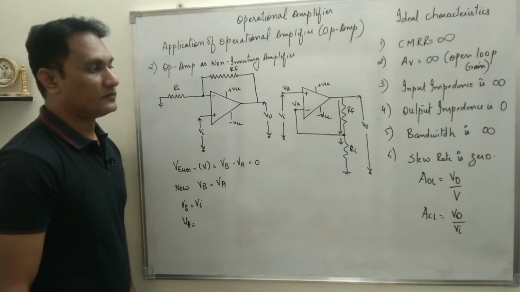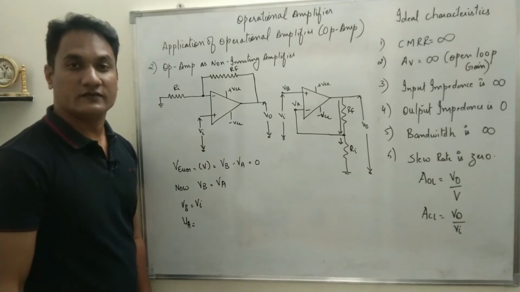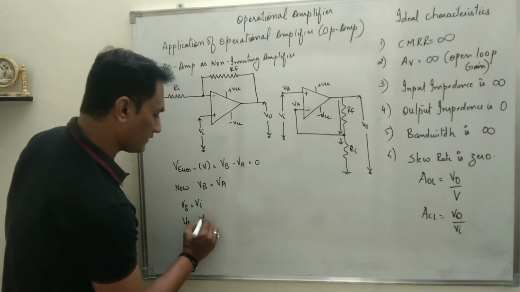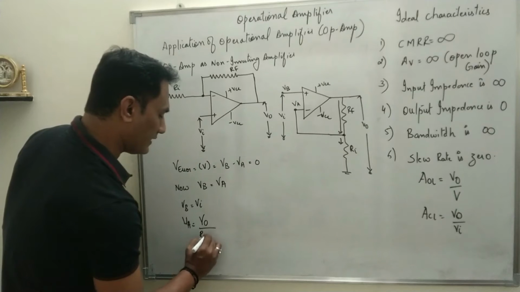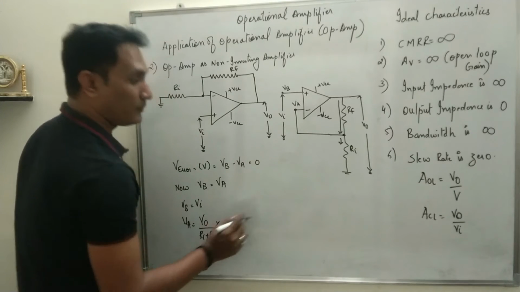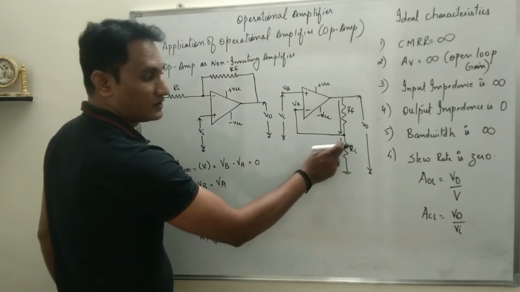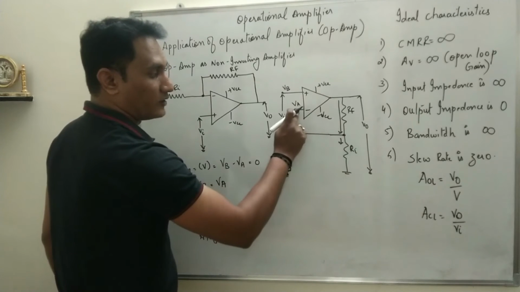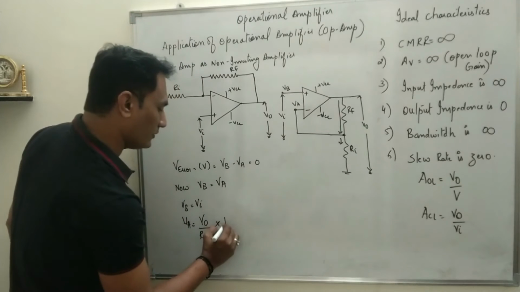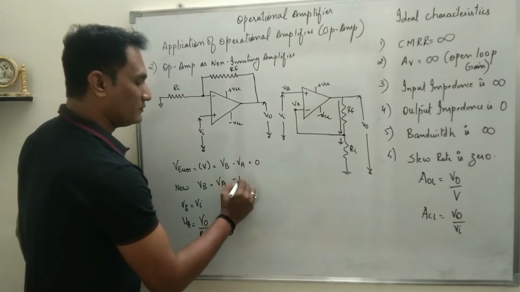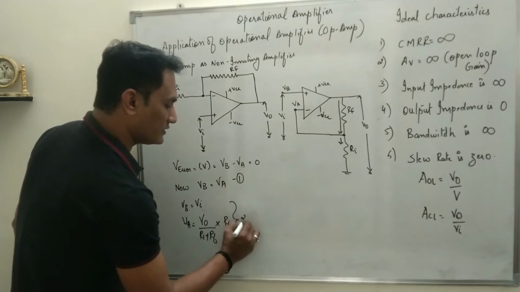The formula for the voltage divider arrangement is total voltage, that is V0, divided by total resistance Ri plus Rf, multiplied by the resistance across which the voltage is taken. So for calculating VA with respect to ground, you have to calculate the voltage drop across Ri. So it will be Ri. Let this be equation 1, let this be equation 2.